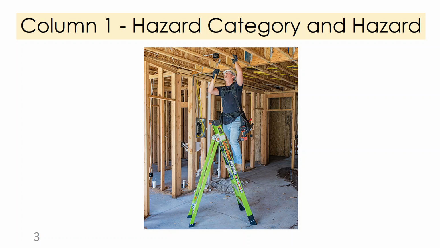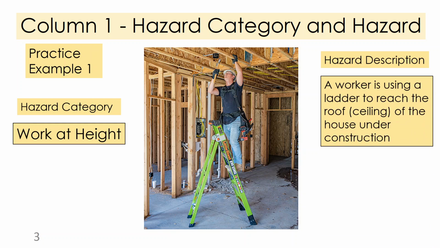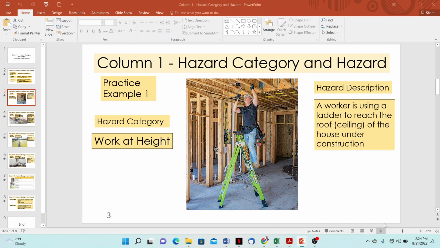So work at height is good, that's the hazard category, but then they fail to describe what they saw that counts as work at height. So in this case, it could be something like this. You write hazard category, you write work at height. Hazard description, you describe what you are seeing in the picture, which counts as the work at height hazard. So this is the mistake that you need to focus on avoiding when you write your IG2 report.